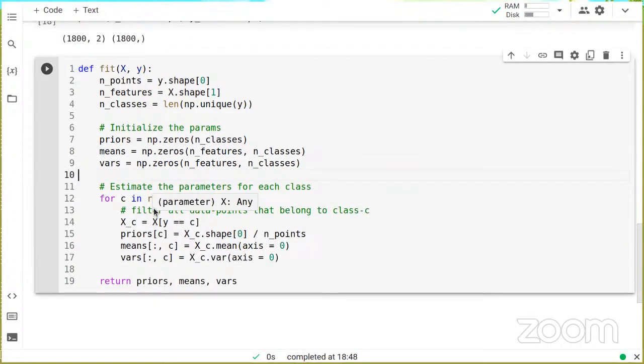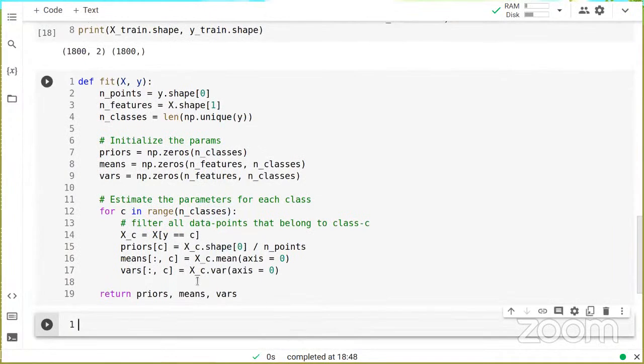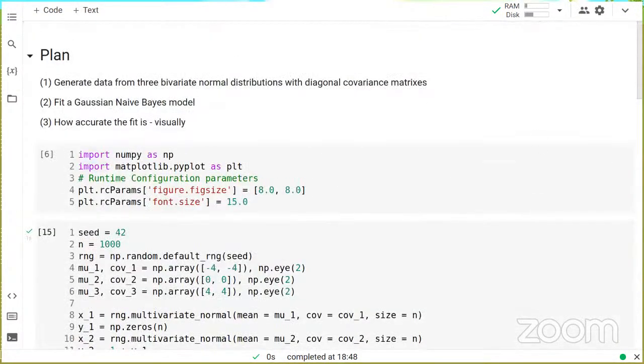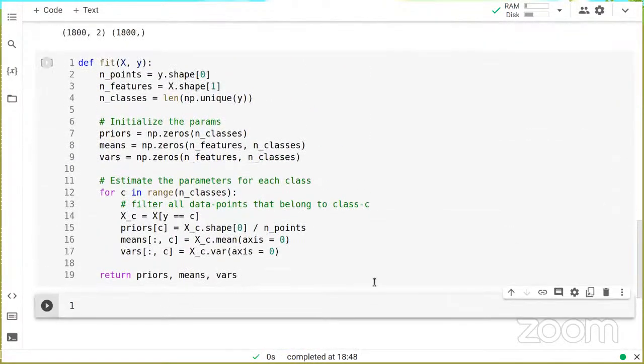As a function, is this clear? Okay. So fit a Gaussian naive Bayes model. We have fit the model. Now we just run this and see what we get.